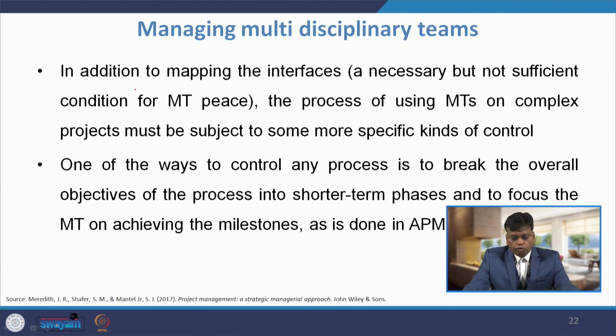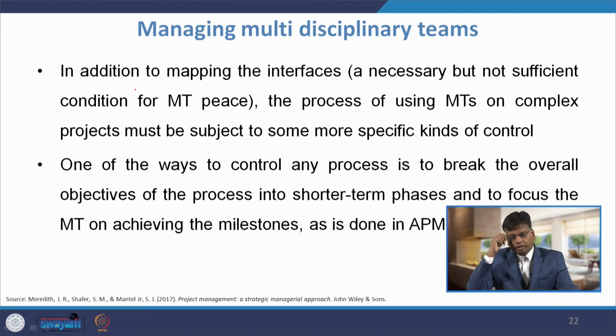In addition to mapping the interfaces, as we discussed in the RACI matrix, the process of using multidisciplinary teams on a complex project must be subject to some more specific kind of control. One of the ways to control any process is to break the overall objective into short term phases and to focus the multidisciplinary teams on achieving the milestones, as is done in agile project management.